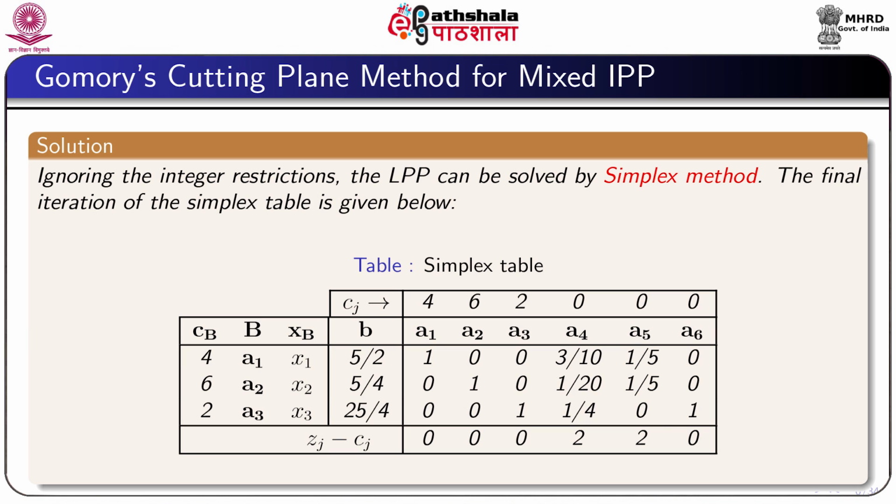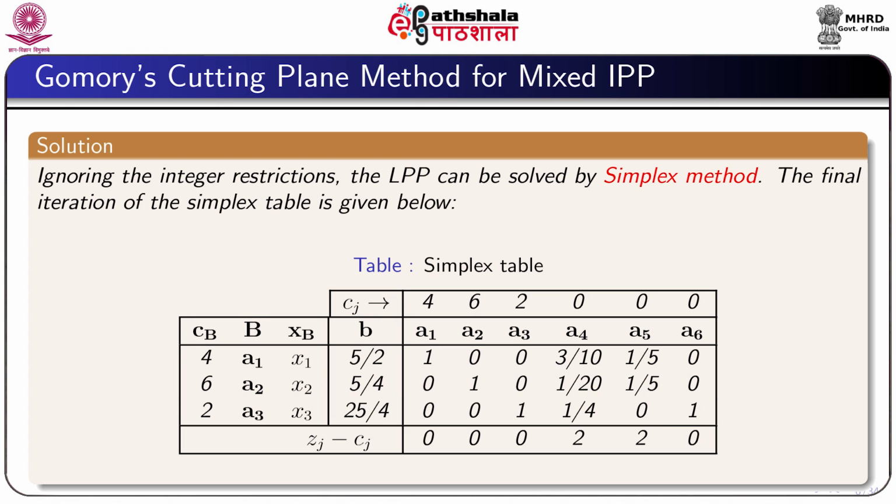Ignoring the integer restrictions, the LPP can be solved by simplex method, and the final iteration of the simplex table is shown below. As you can see that Zj minus Cj is greater than equal to 0 for all j.